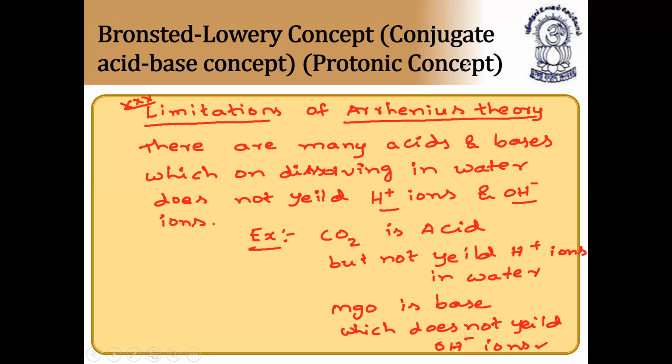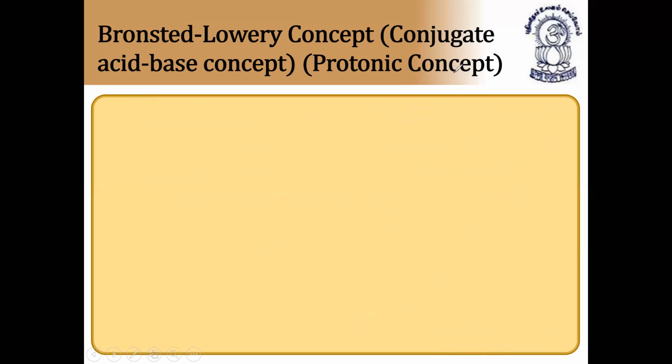So let us proceed to the second theory of acids, bases and salts, that is the Bronsted-Lowry concept. Here the spelling is a mistake. It is just Bronsted-Lowry concept only. It is also called the conjugate acid-base concept.